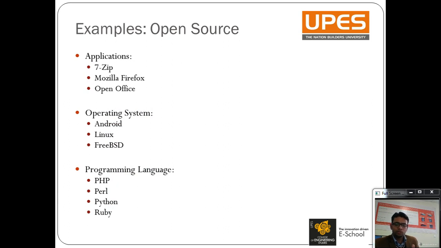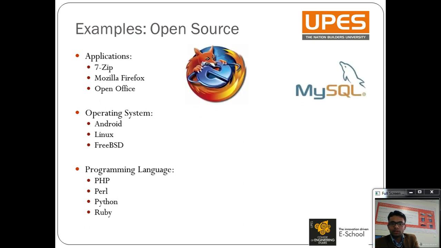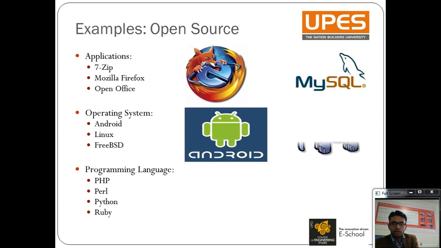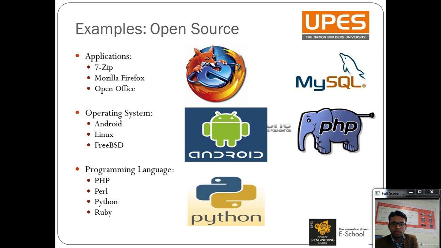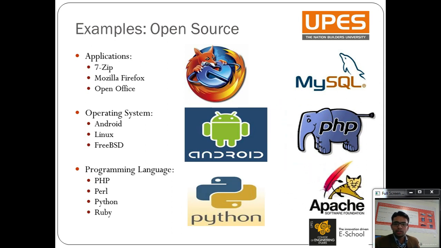Now here you can see a few examples of open source software, like Mozilla Firefox, MySQL, Android, PHP, Python, and Apache. You must be aware of Mozilla and Android. We use these kinds of software in our day-to-day life. These are very popular examples, and they are popular in any technology field.